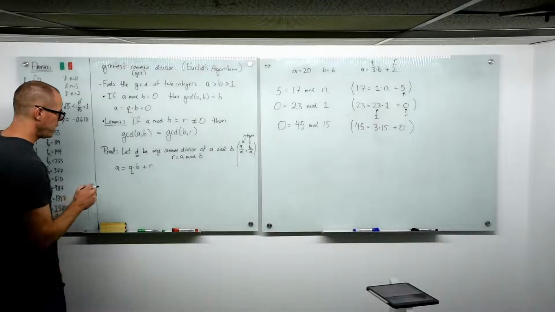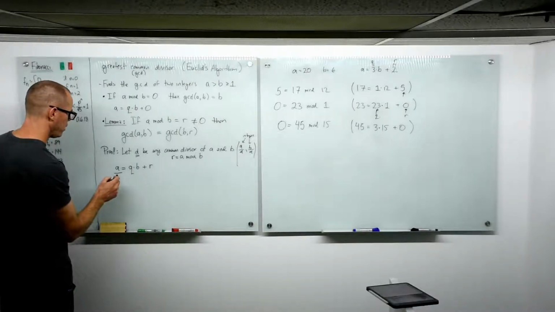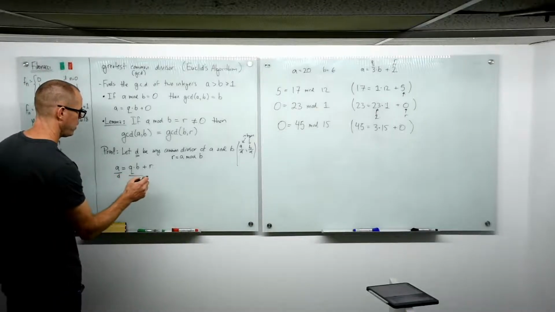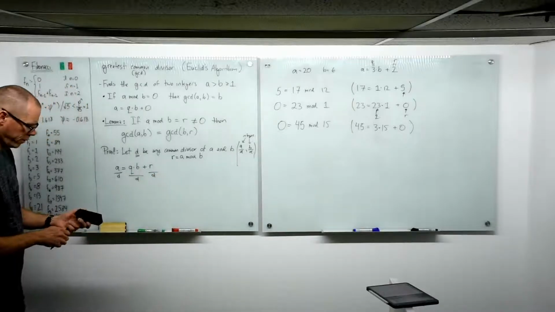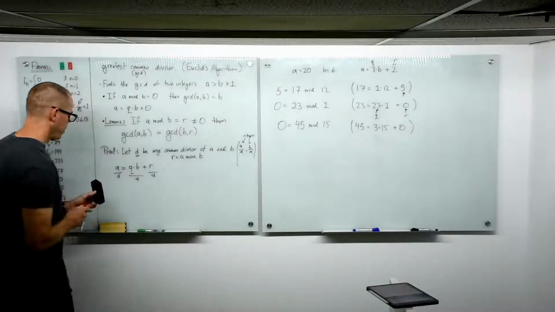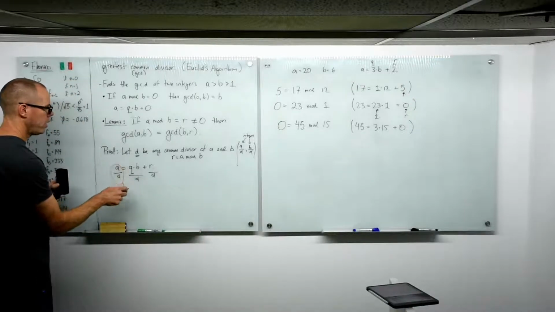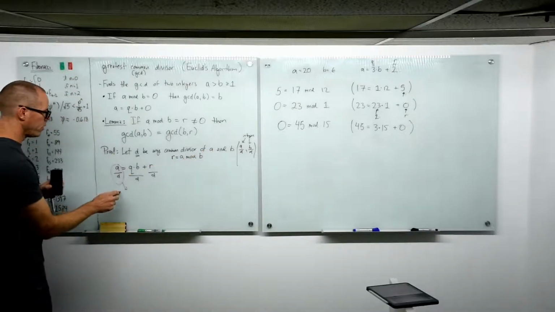Now we can divide this whole equation, both sides, by D. So we get A divided by D, and B divided by D, and R divided by D. A divided by D, well, D is a common divisor of A and B, so this is an integer.